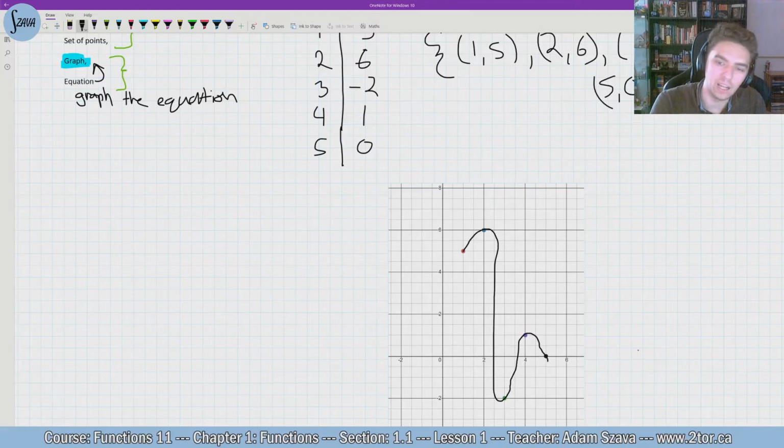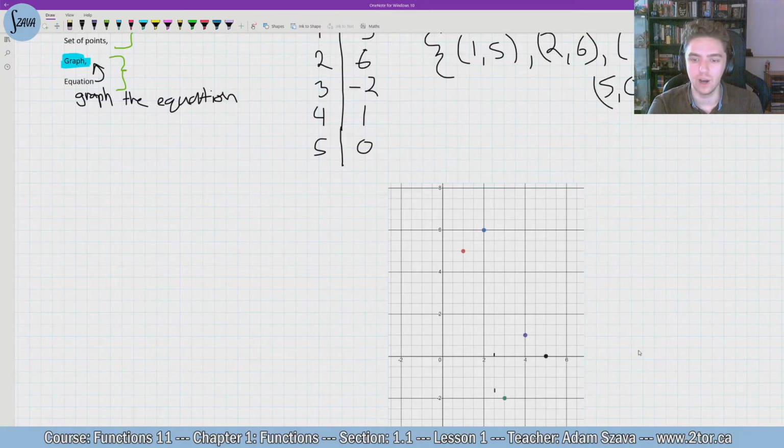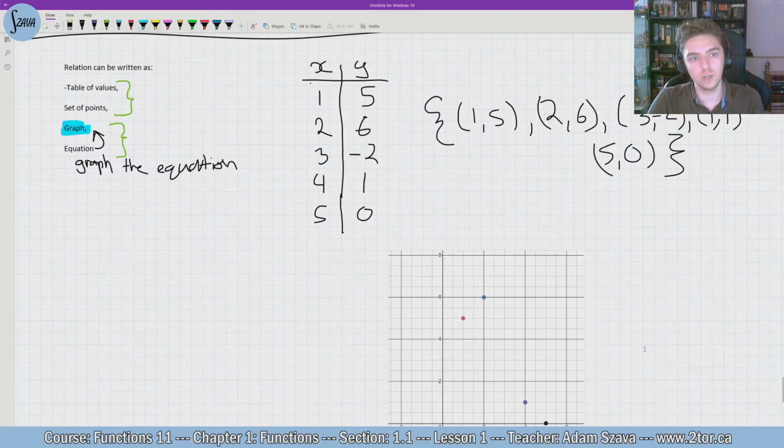But you're adding way more to the question by doing that. I never said anything about what was happening at 2.5, this vertical line here, or at 1.5. I never said anything about that. All you know are these points. First of all, this is a function because look at the domain.